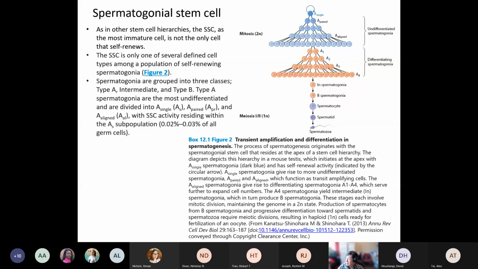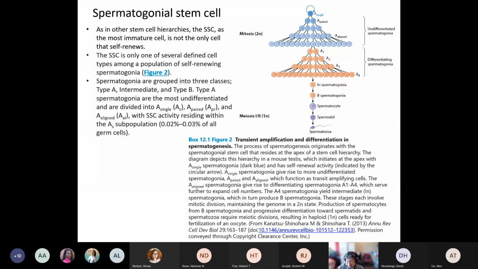For the same reason here, we have a heterogeneous stem cell population, quite a few of them, even within the spermatogonia. The spermatogonia is the outer layer of that structure, close to the membrane, but still you have a lot of different cells there, not just one cell type. Of course, one important question that scientists will try to answer is, what is the ultimate stem cell?